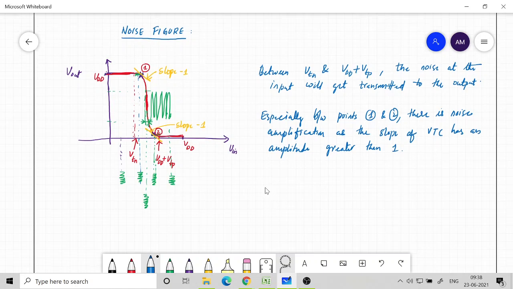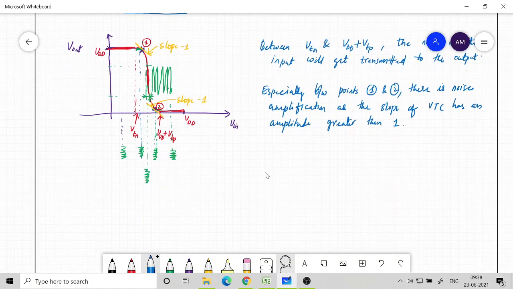Attenuation is good: noise is suppressed, and the output has less noise than the input.